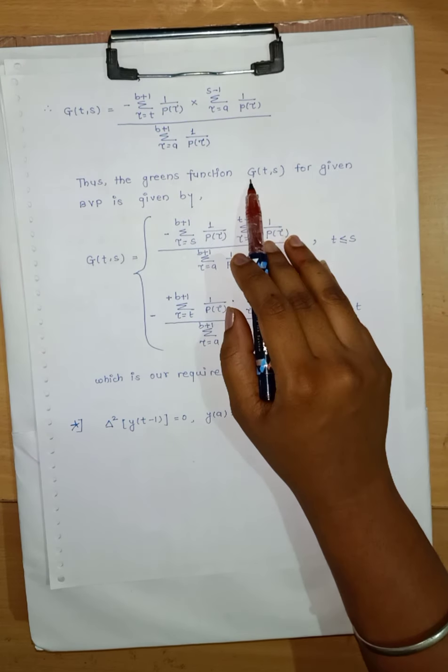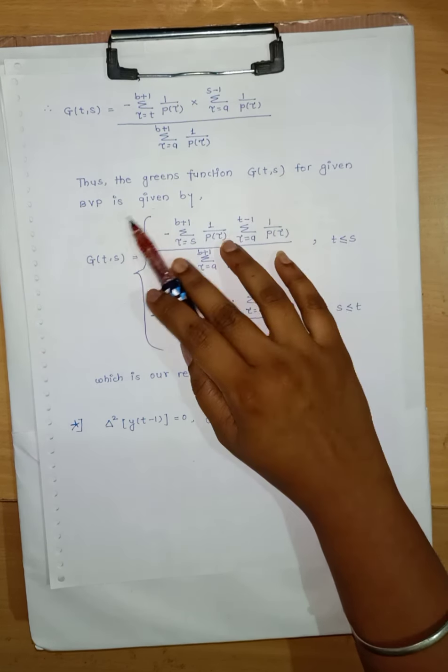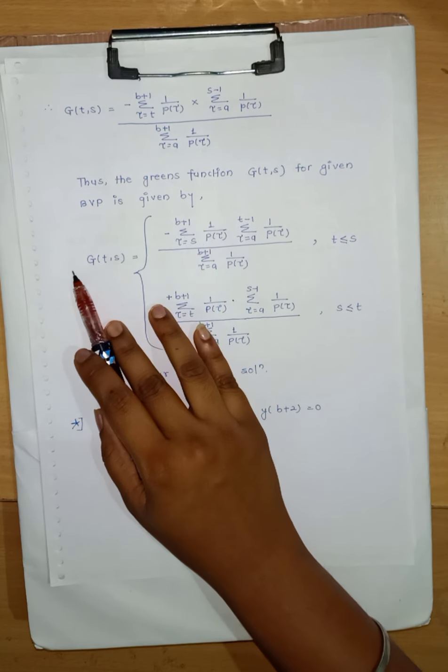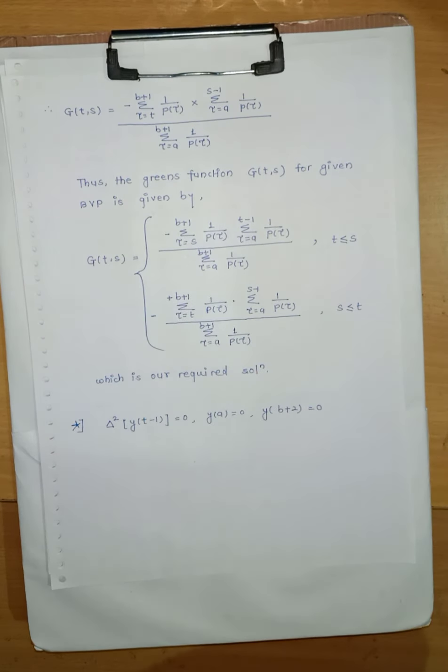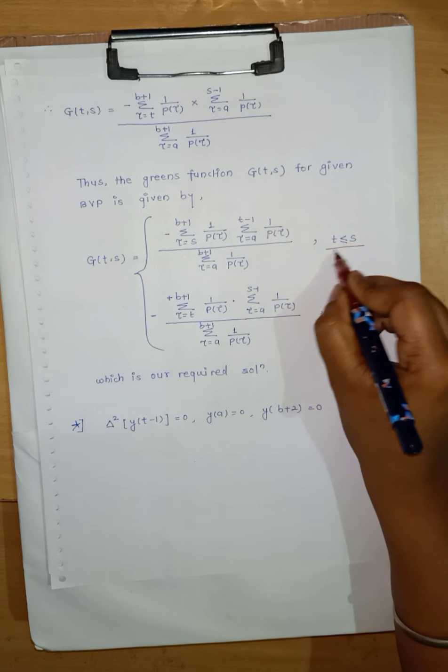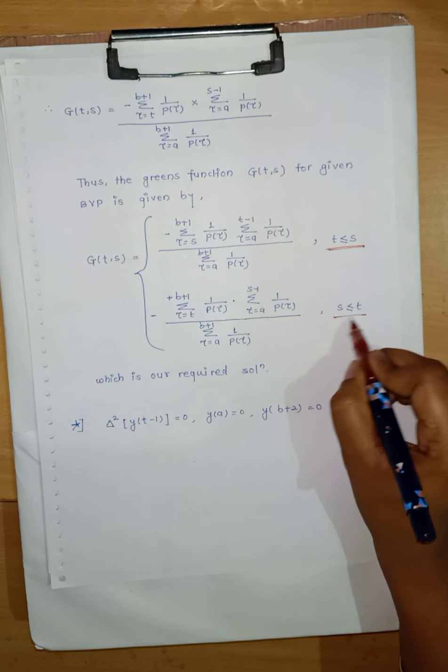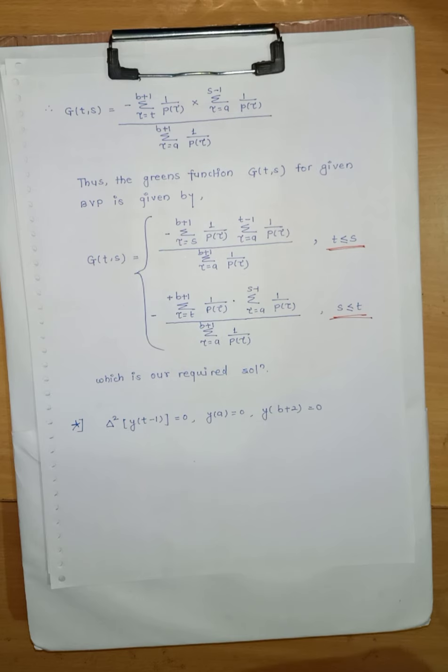Thus, the Green's function g(t,s) for the given BVP is given by this. So there must be two values, one for t less than or equal to s and the second one for s less than or equal to t.